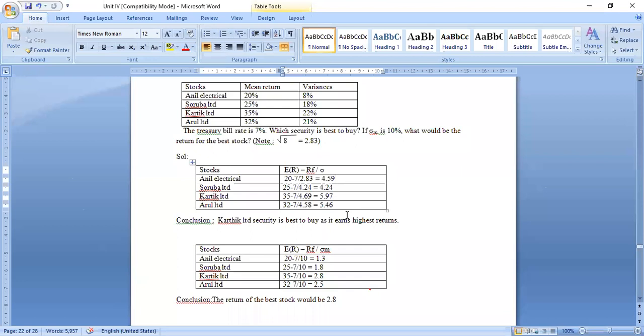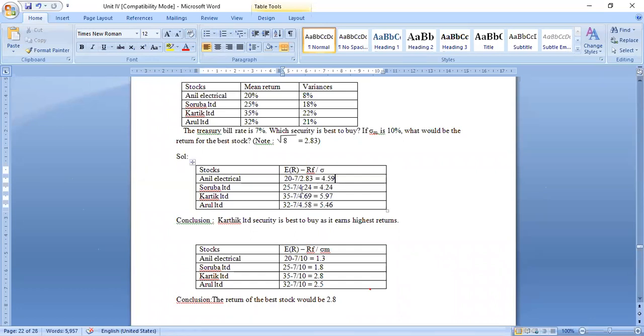With this calculation, we are going to find out which security is best to buy, and that security will always be the one giving us the highest returns. In the same way, we calculate for the second company's stock, wherein the mean return is 25% and the risk-free rate of return, which prevails for all four securities, is 7. We calculate the standard deviation for the variance of 18%, which is 4.24, that is root of 18 is 4.24.